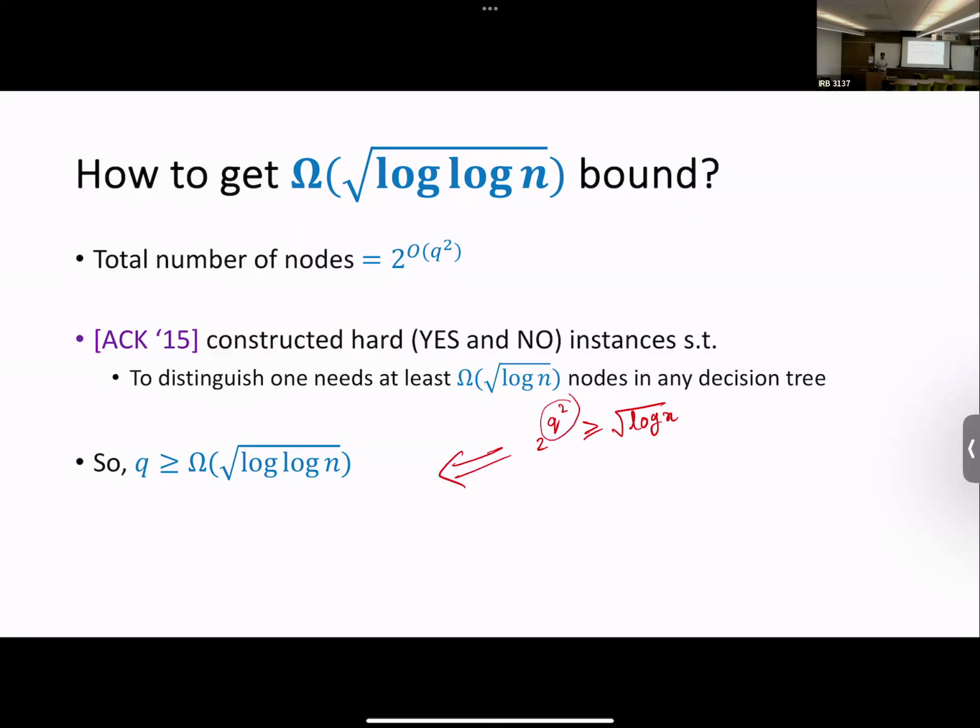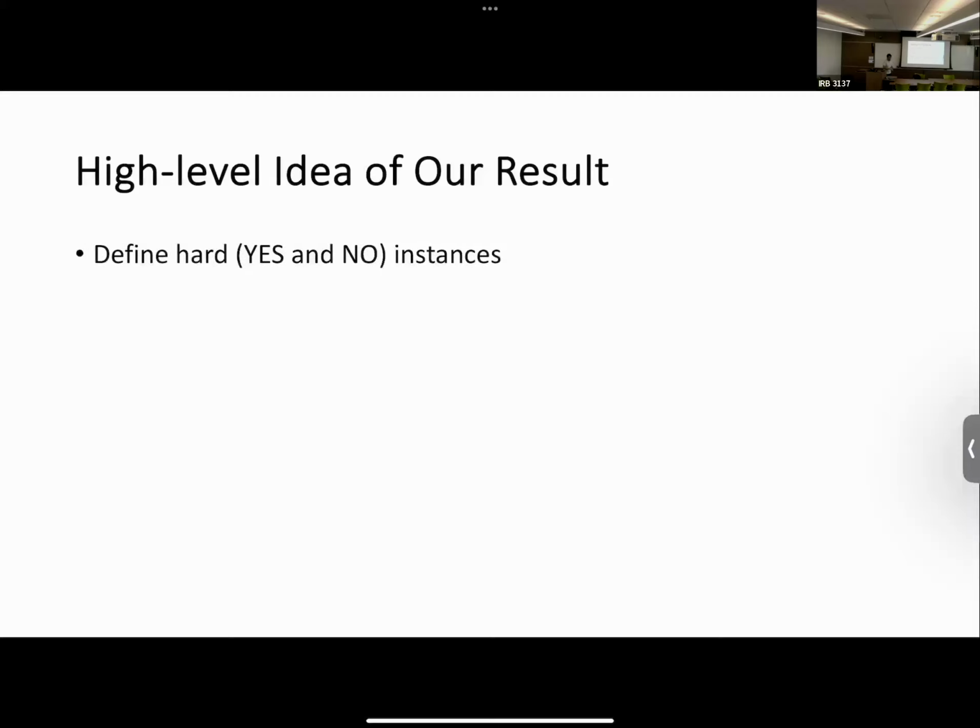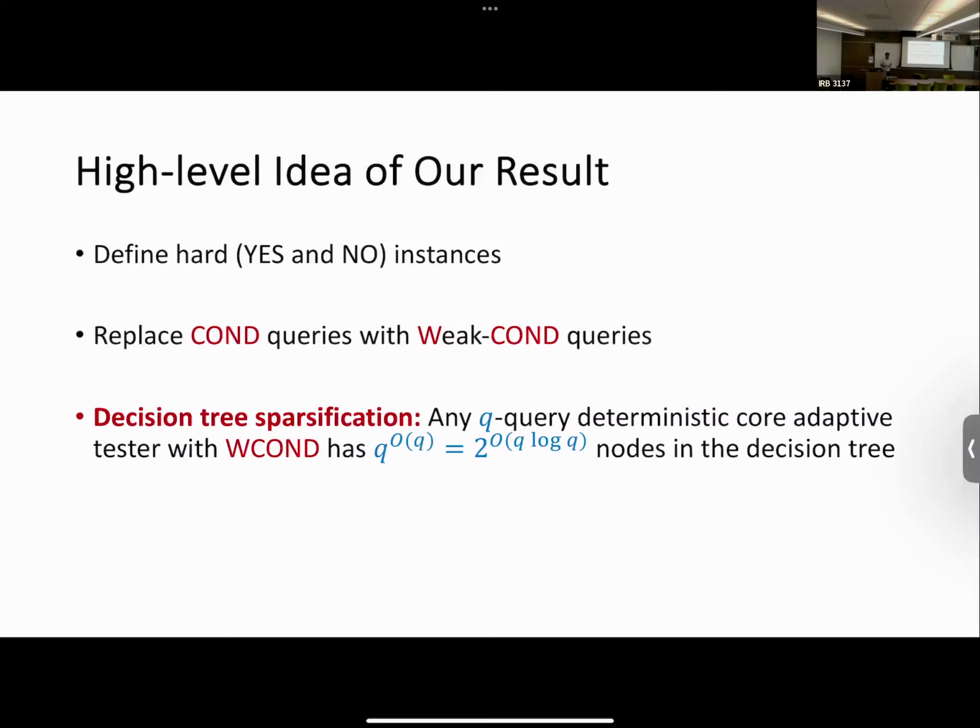So now what do we do? Again, our framework is like we first define this hard instance, yes and no. And now we replace this conditioning query with some kind of weaker version of the query. We call it weak conditioning query. So we even restrict ourselves to a weaker query model.